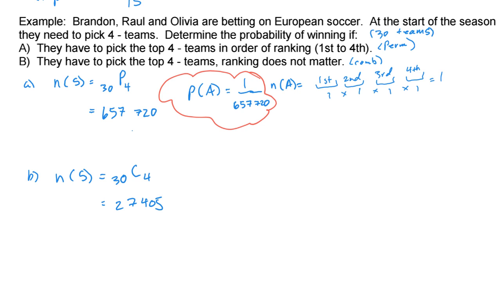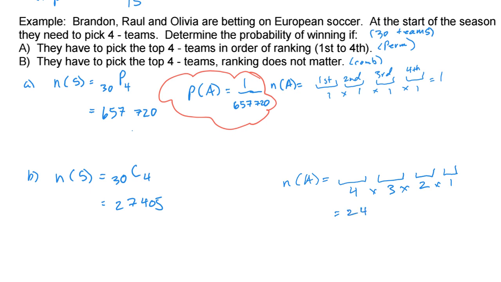So now, in order to figure out what n of A is, because we don't care what the order is, we can use our placeholder method. So for the first slot, there is 4 ways. For the second slot, there is 3 ways. For the third slot, there's two possibilities left over, and then 1. So just multiply those out, and you end up with 24.